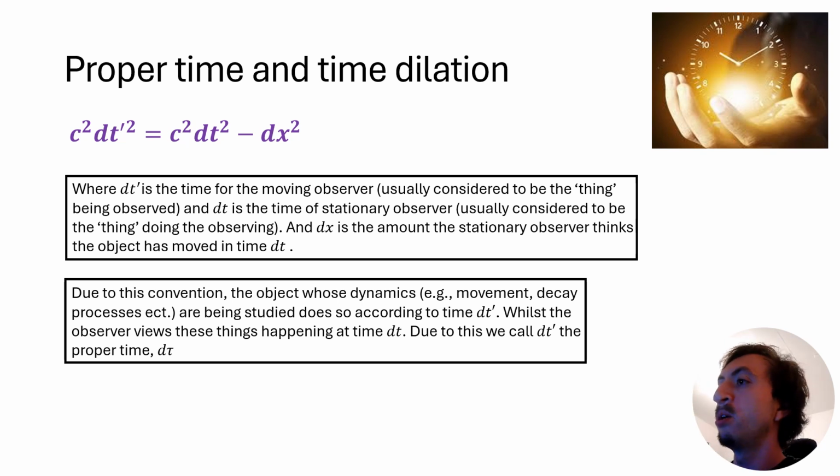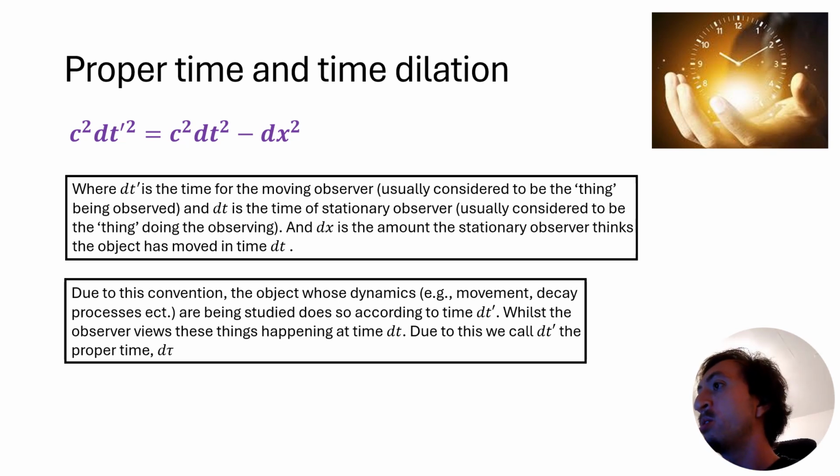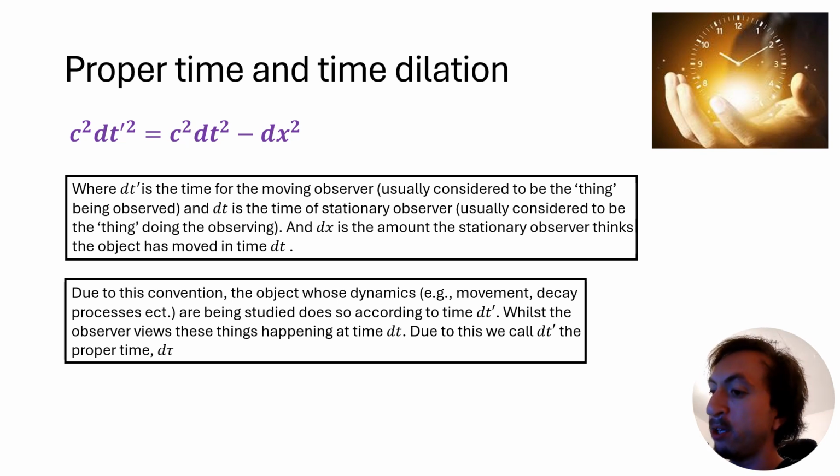But more especially, dt prime is how long things are taking from the moving observer's perspective, giving a rate at which time is passing from the moving observer's perspective.